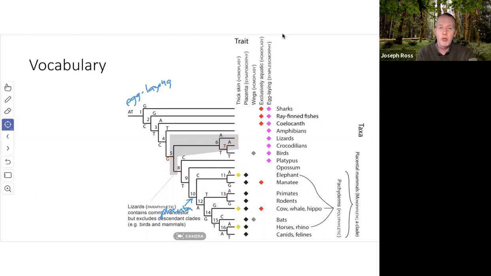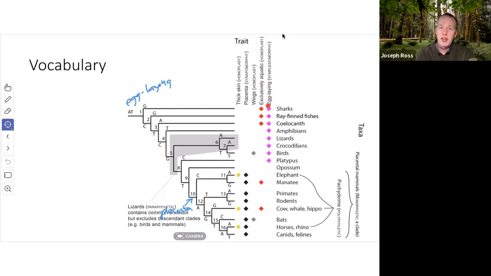That's why this is not a monophyletic group. Lizards is not a monophyletic group. It's a paraphyletic group, as drawn here. And those traits, like egg laying, the traits that lead to paraphyly, are ones that are called symplesiomorphies. Those are the traits that cause the appearance of paraphyly.